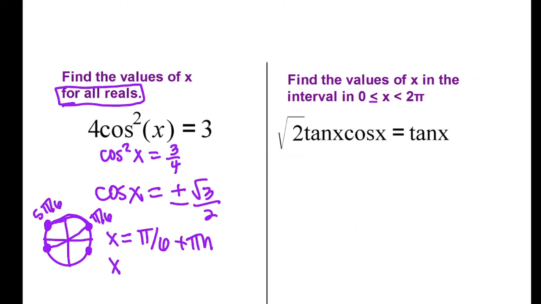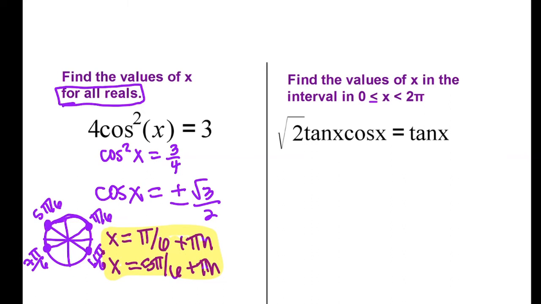Yeah, pi over 6, 5 pi over 6, 7 pi over 6, and 11 pi over 6. So 5 pi over 6 and 11 pi over 6 are on the same diagonal. So I'll start with the smaller one and then add pi in, and that would get to it. And it would just keep going around and around and around. All right. So those are our two answers. It's kind of jumbled, so I'm just going to highlight these.